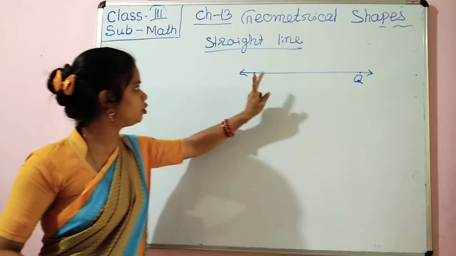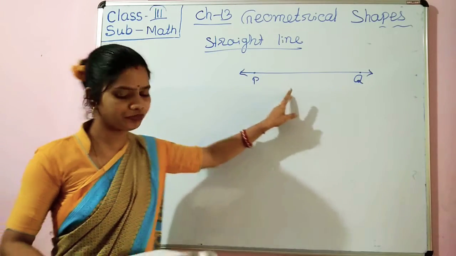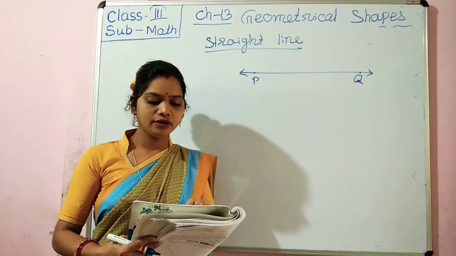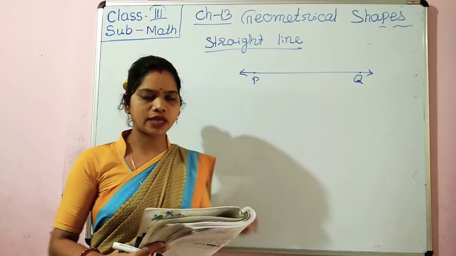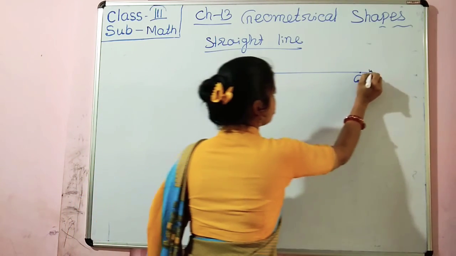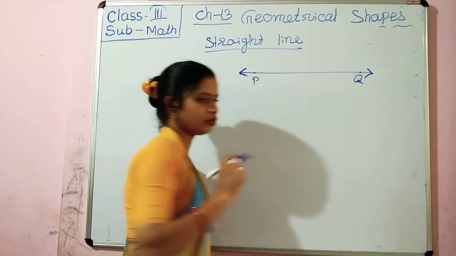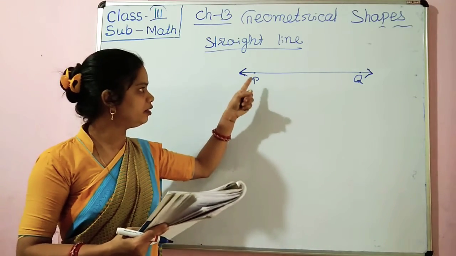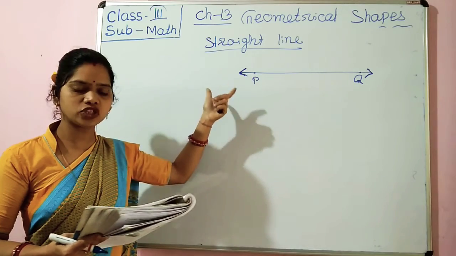Okay, the both sides are arrow marks, so that we can make it longer on either side. The arrow mark means both sides can be made longer.